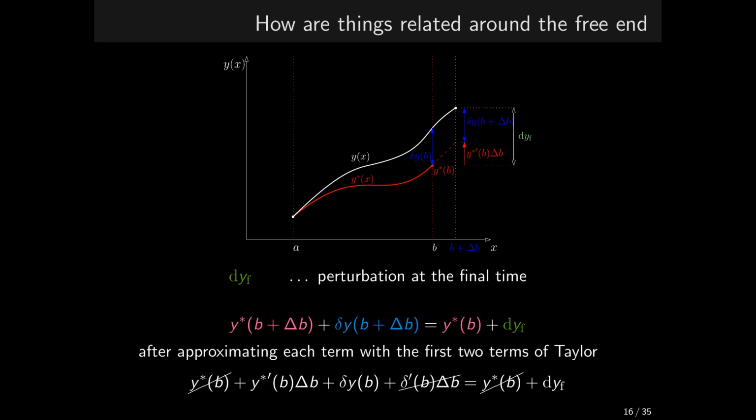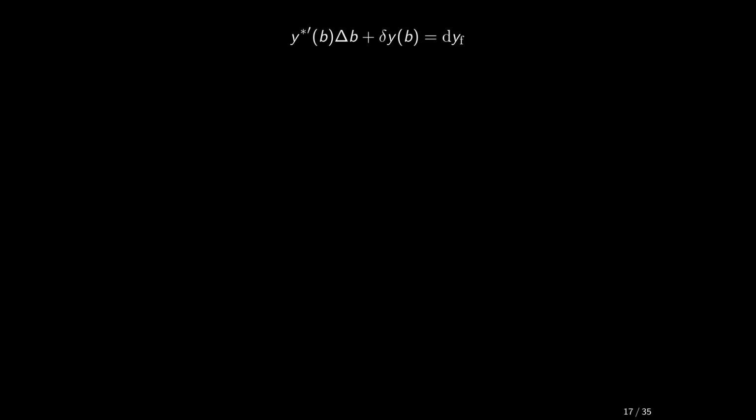Hence, the product is second order in alpha and decays faster as alpha approaches zero than the other terms. We are left with the following relationship between delta b, delta y at b, and delta y sub f. Let's just keep delta y at b on the left-hand side.